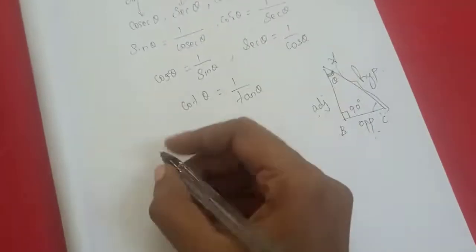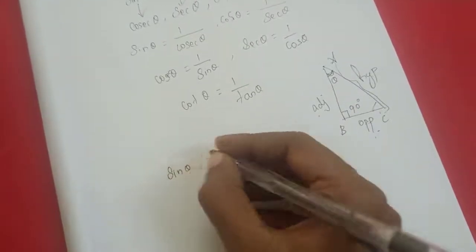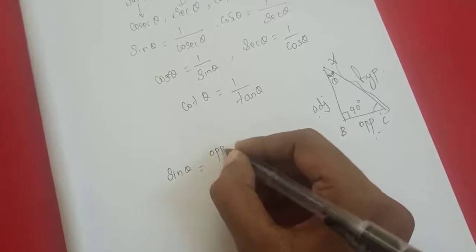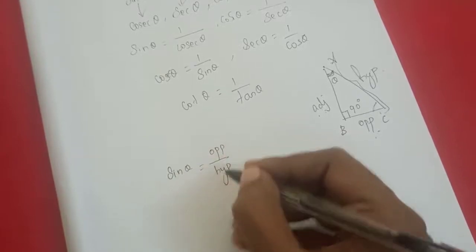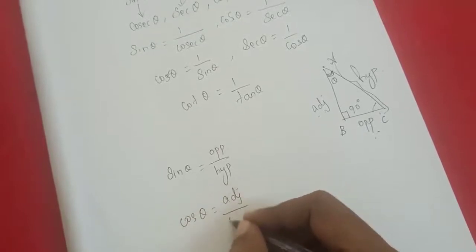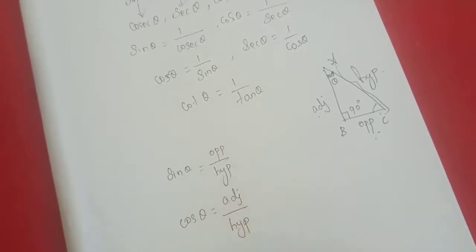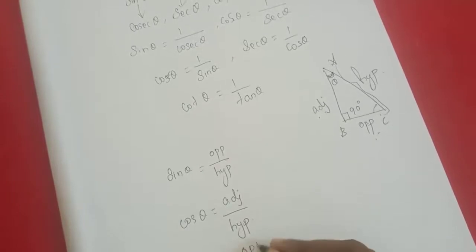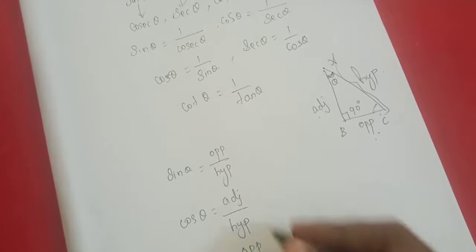Okay. So this is 90 degree. This is hypotenuse. So what do you mean by sine theta? So sine theta means opposite side by hypotenuse. Then cos theta means adjacent side by hypotenuse. Then tan theta means opposite side by adjacent.